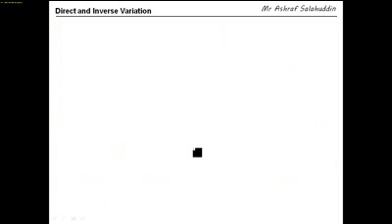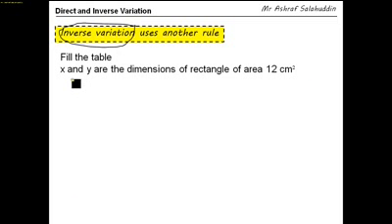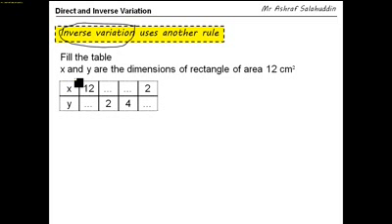Another example to find another rule for inverse variation. Read the example. Fill the table. X and y are the dimensions of a rectangle of area 12 centimeters squared. Remember the rule of the area of the rectangle?